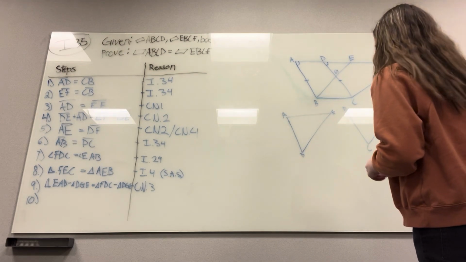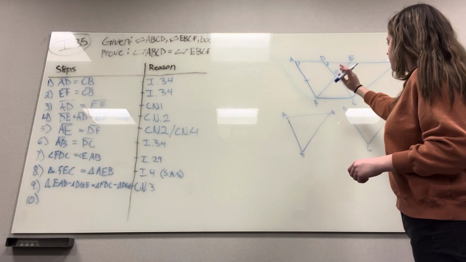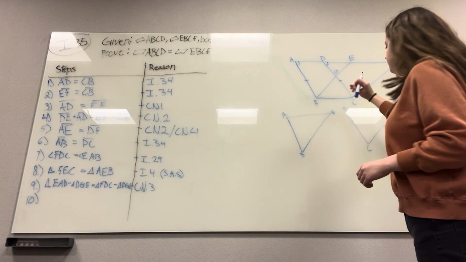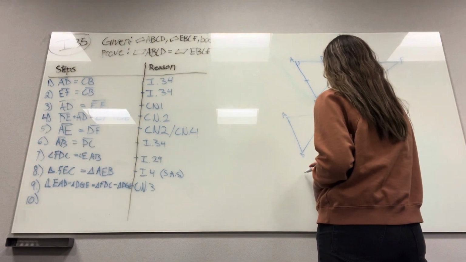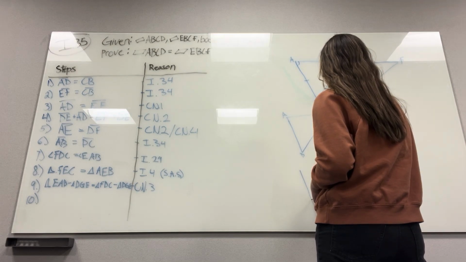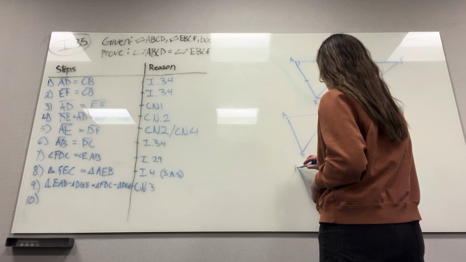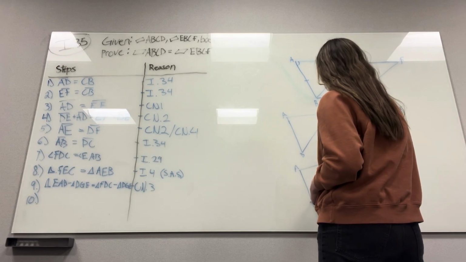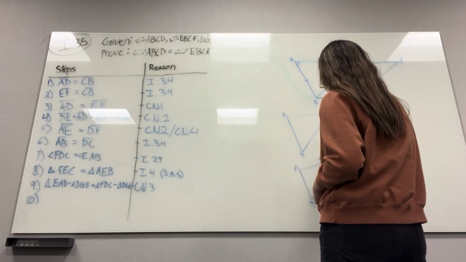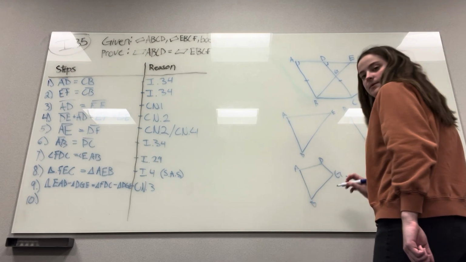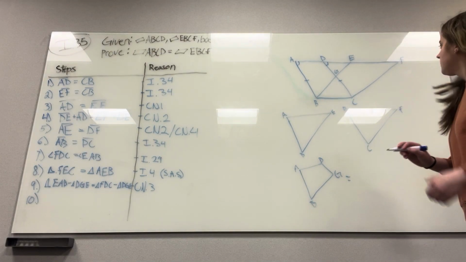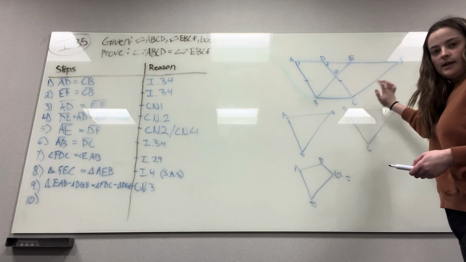So now we have ABGD, ABCG is going to be equal to EGCF.